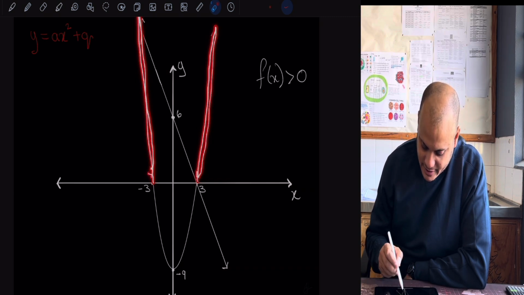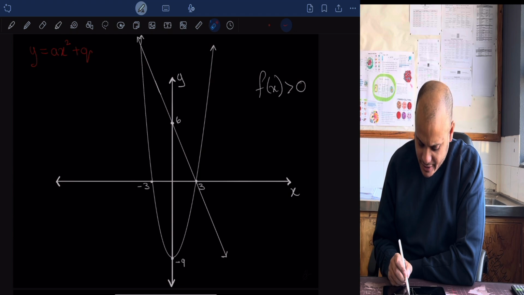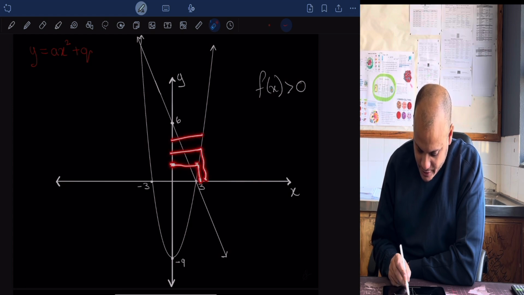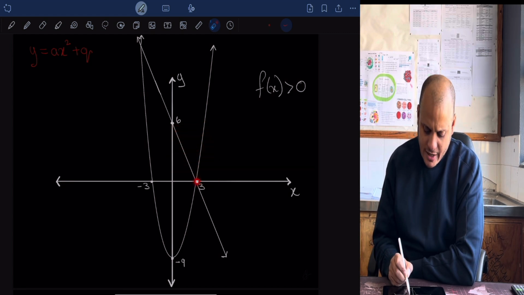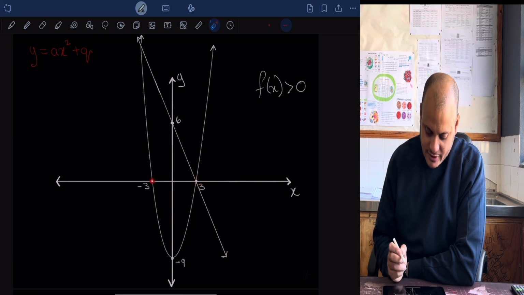It's above the x-axis, so we need the corresponding x values that correspond to these positive y values, right? So that will be all these guys over here, up to this point -3, where our y values are 0. At -3, the y values are 0.